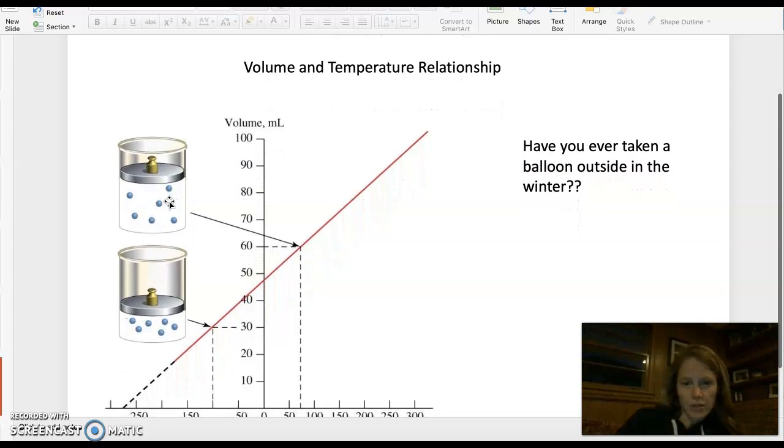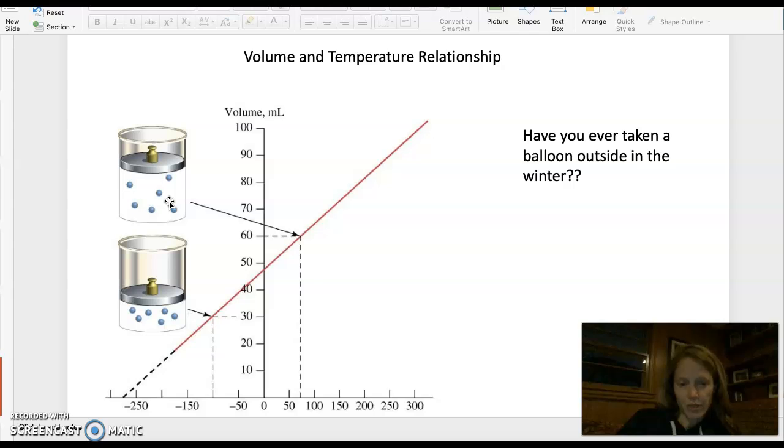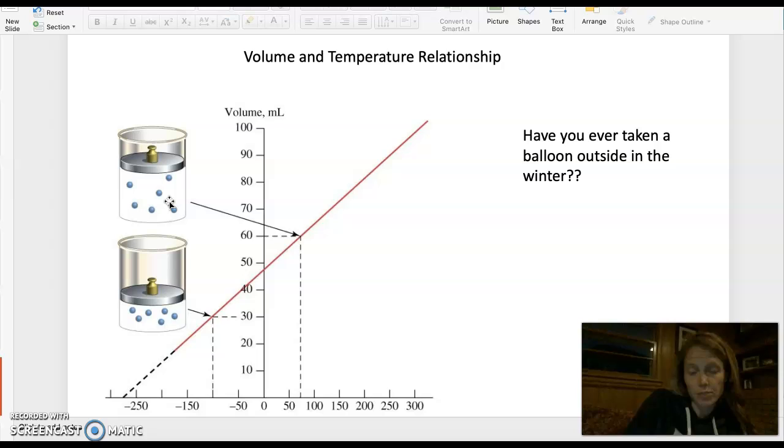And so a volume and temperature relationship is basically saying that if you have a fixed amount of gas and you decrease the temperature of that gas, so if you went from your warm house outside on a freezing cold winter day and you had a balloon in your hand, and maybe this has happened to you before, you would notice that that balloon all of a sudden is going to shrink because when the temperature drops, all of those gas particles are all of a sudden going to be moving much more slowly and they're going to take up less space.